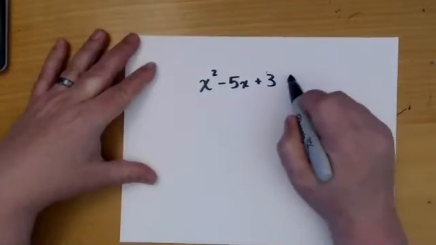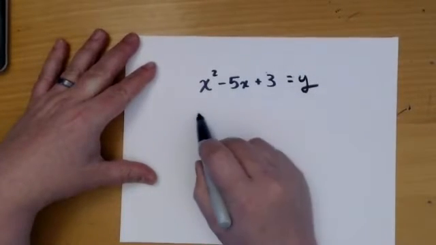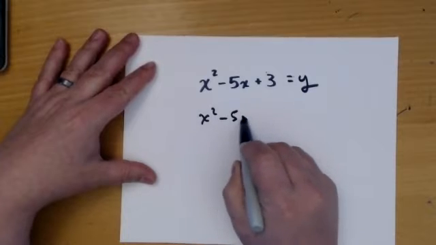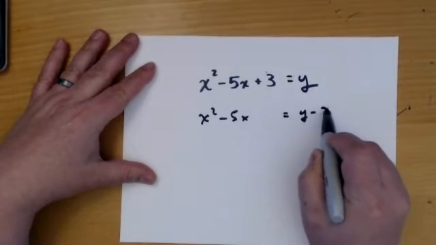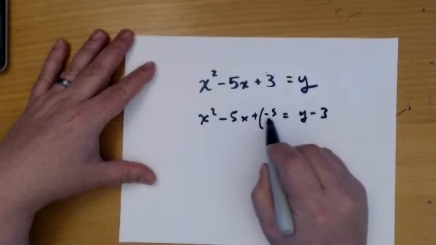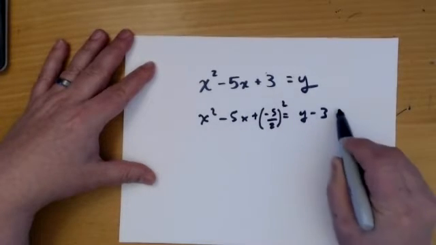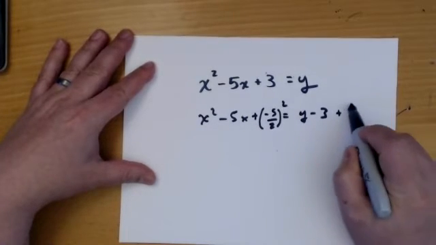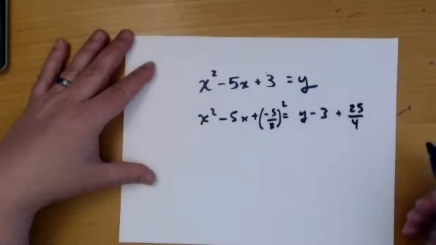Okay, so we're going to set it equal to y. And we're going to add -5/2. And this side, I'm just going to square it and call it 25/4.